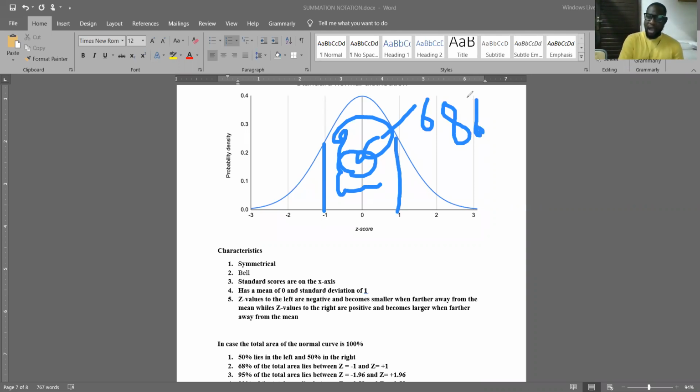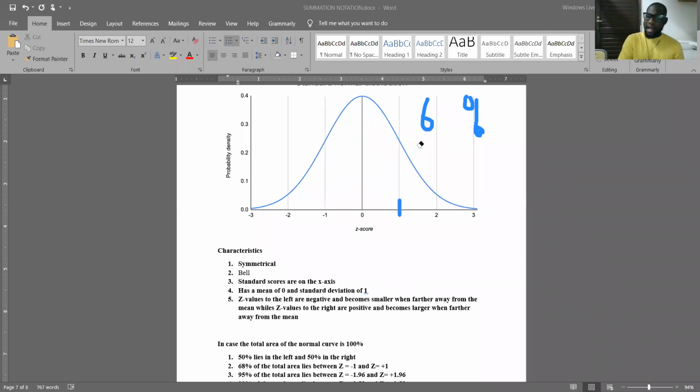So if our scores are within a standard score of -1 to +1, then the total area covered within the normal curve distribution is about 68%. All right.